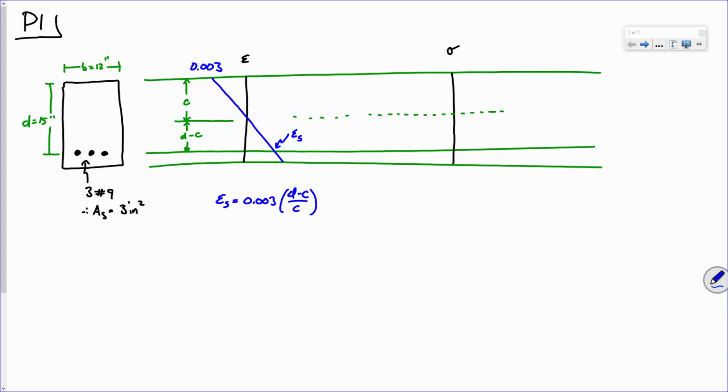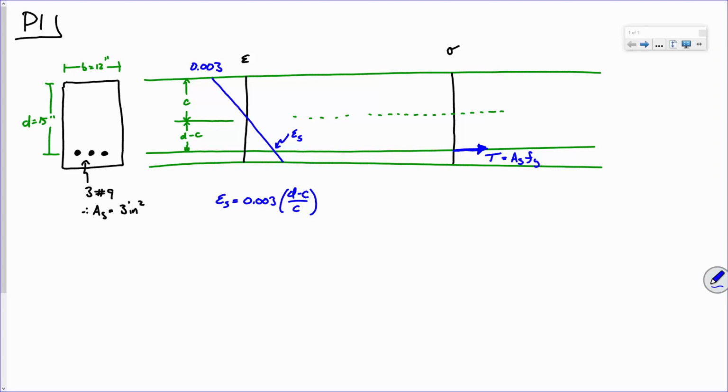If you recall, the steel is just a uniform tensile force right there, T, just a single force. Now remember, we right off the bat assume that the steel yields, and if you remember, ACI requires that it yields. So that is As times Fy, right? Just the area of steel times the yield stress will tell us how much force is in the steel when it yields.